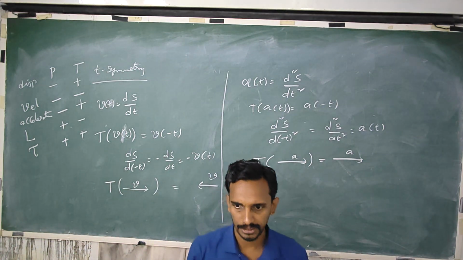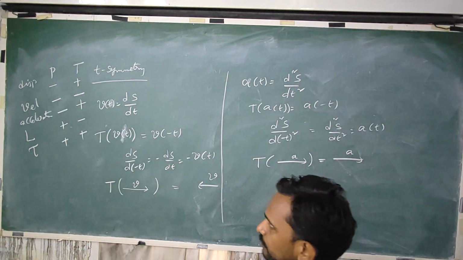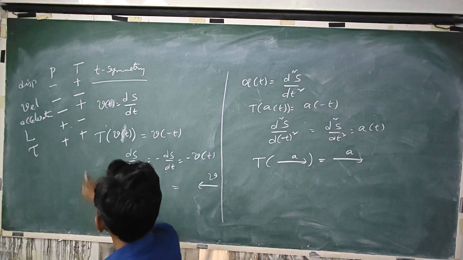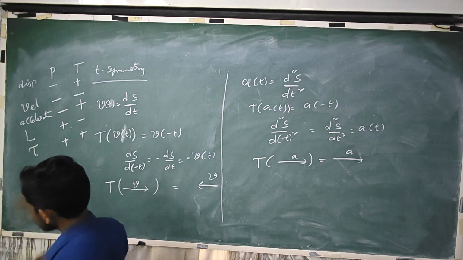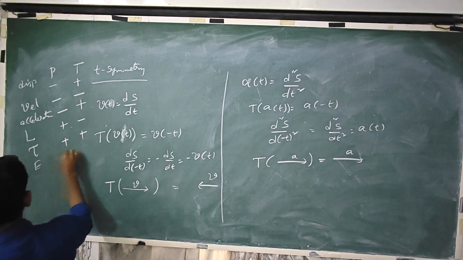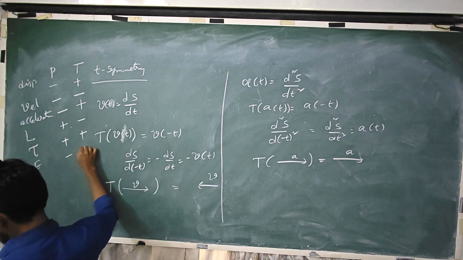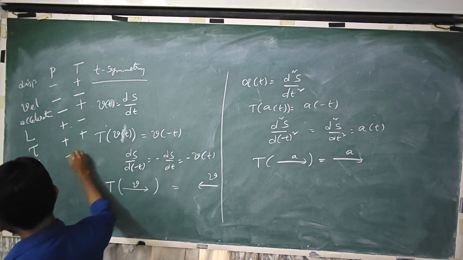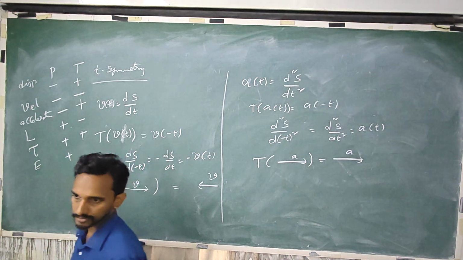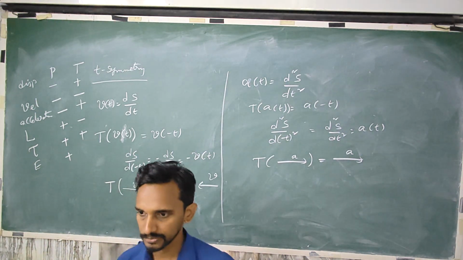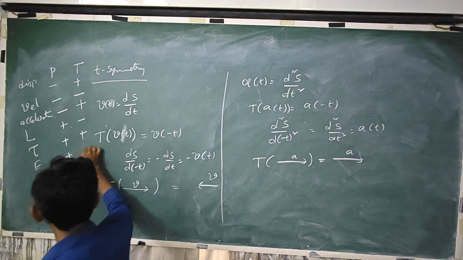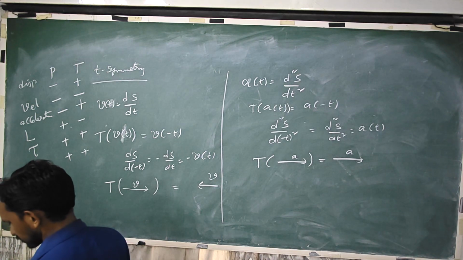Torque has dimensions of energy, ml square t power minus 2. So it is T symmetry positive. Energy is not a vector, so it is parity positive. T symmetry is also positive because of the double order in time.